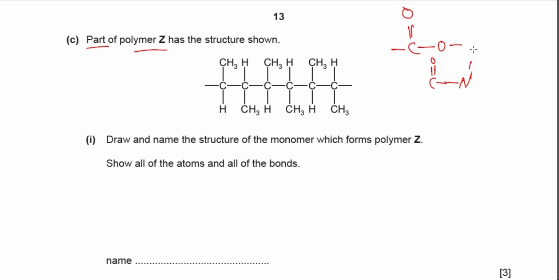Whenever you can't see these types of bonds, you can immediately say this is not condensation. And when the polymer is not condensation, then this is addition polymer. Then he says draw and name the structure of the monomer which forms polymer Z.